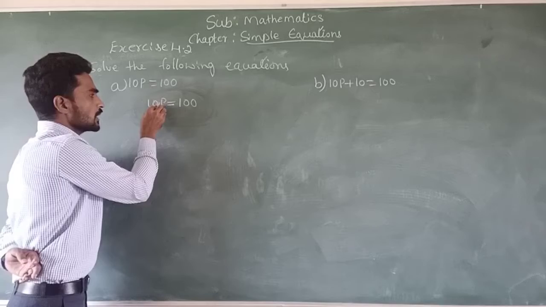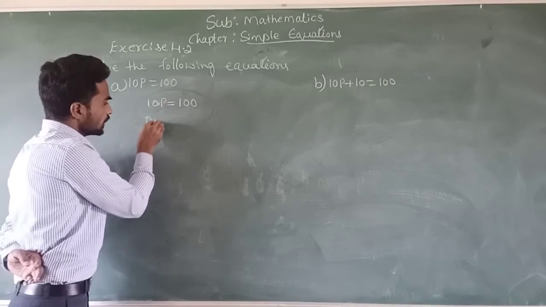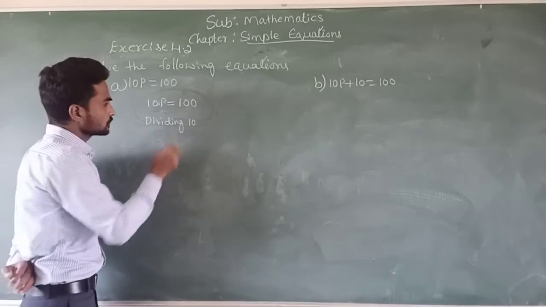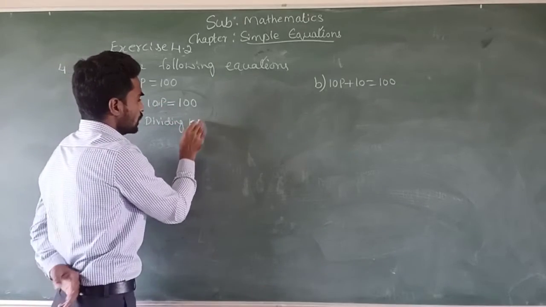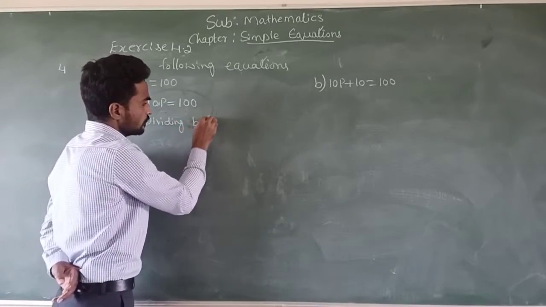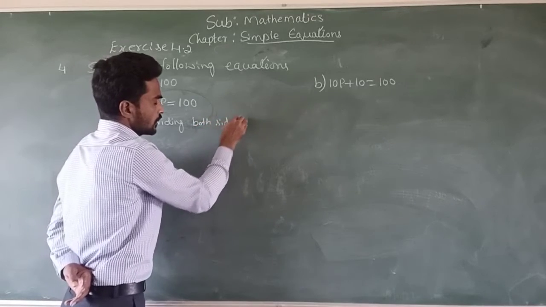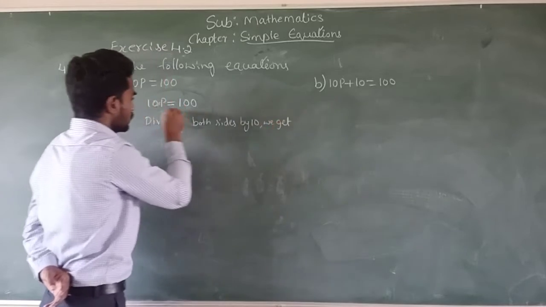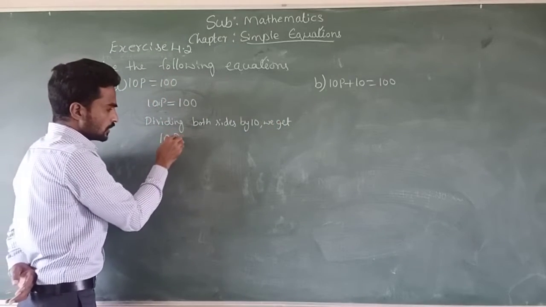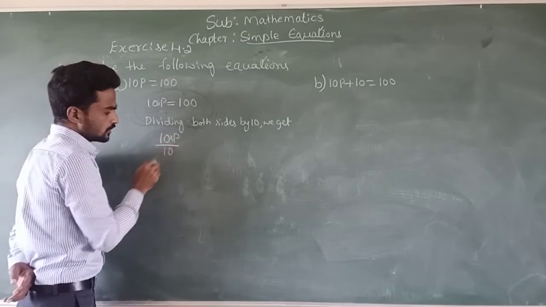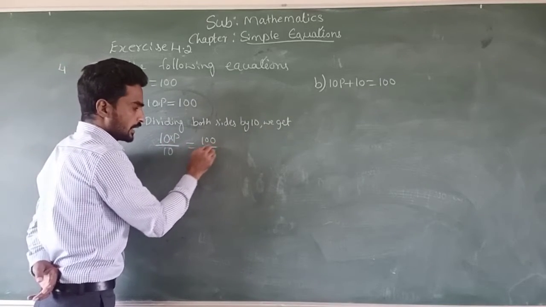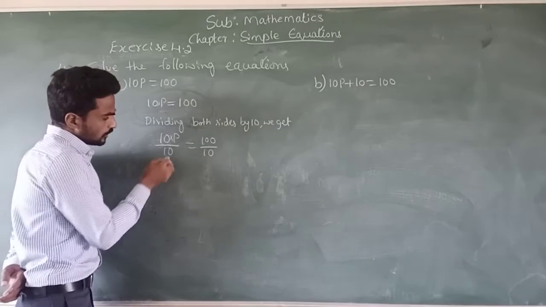Here 10 is multiplied to p. Then dividing both sides by 10, we get 10p divided by 10 is equal to 100 divided by 10.